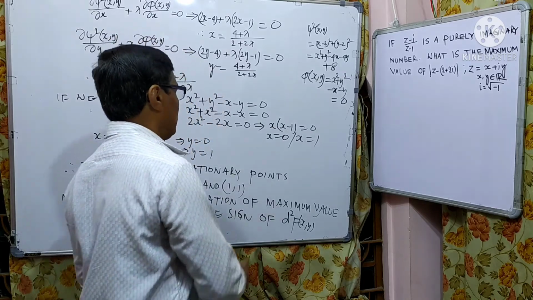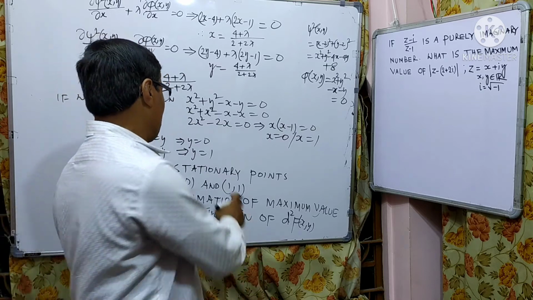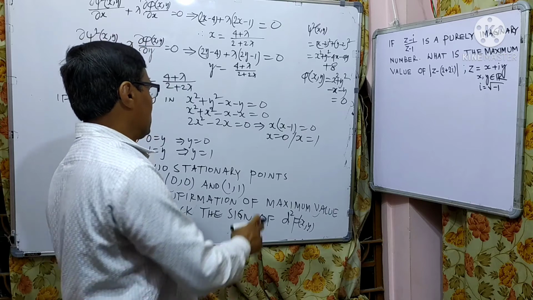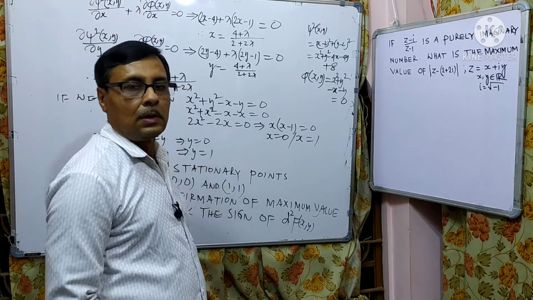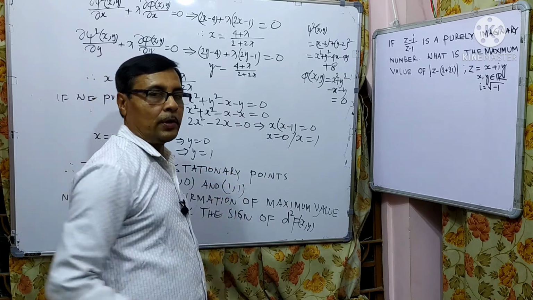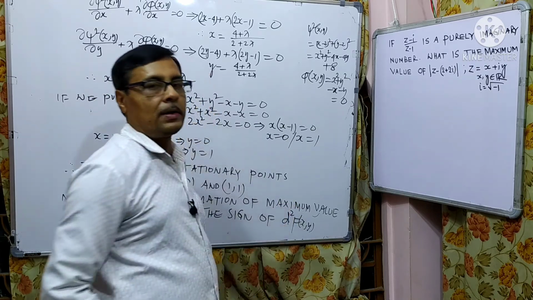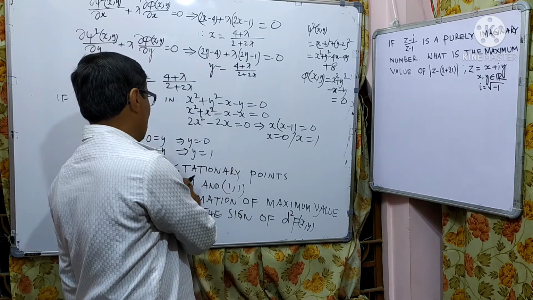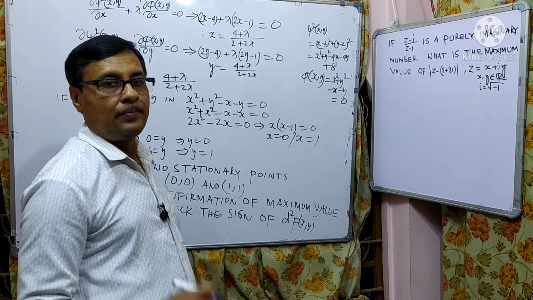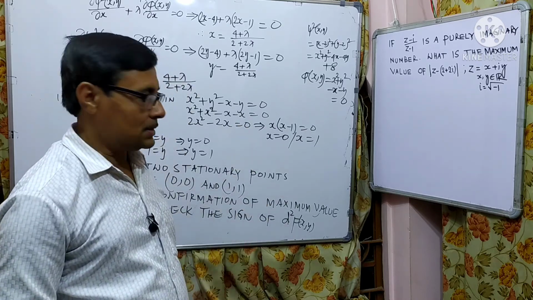If the sign of d2f x y is negative at any of these two stationary points, then the function is maximized at that point.